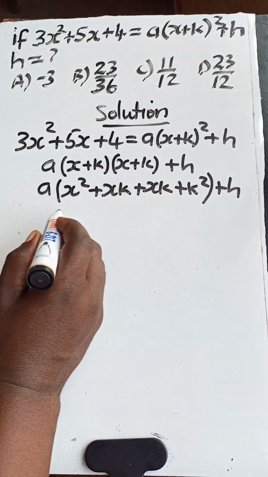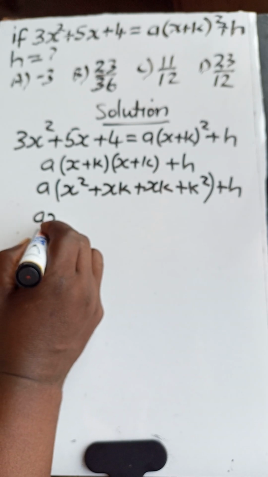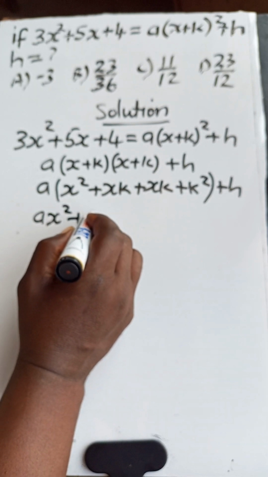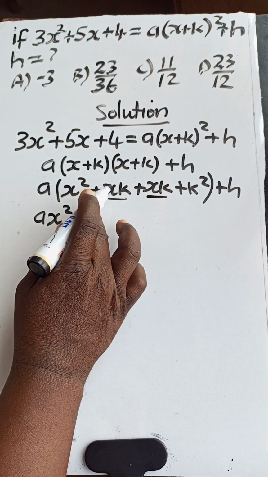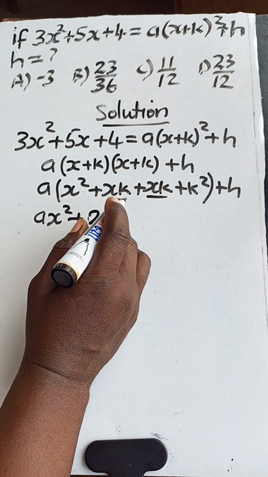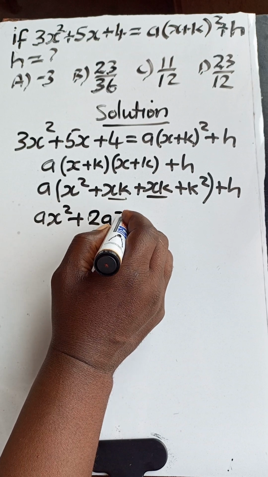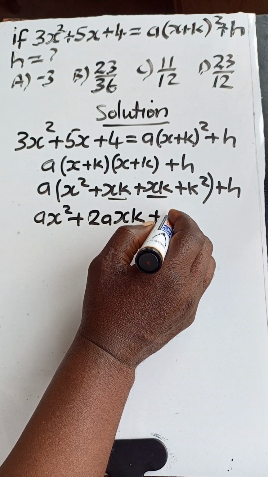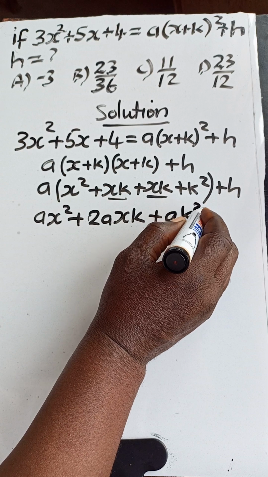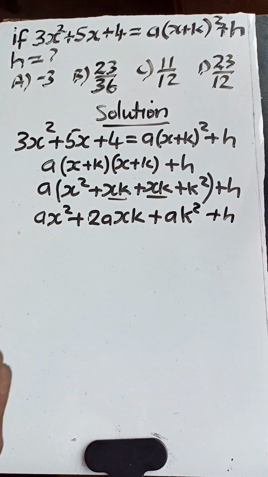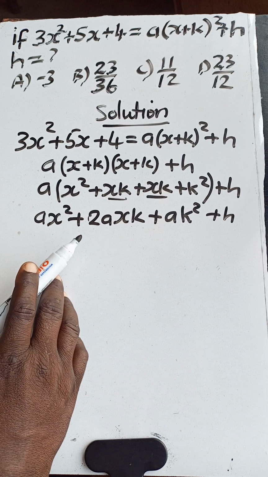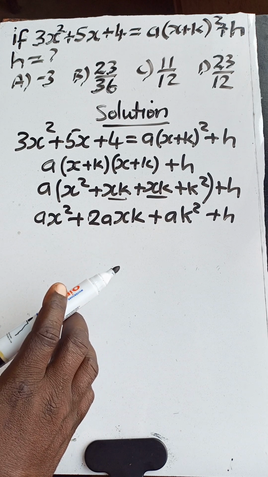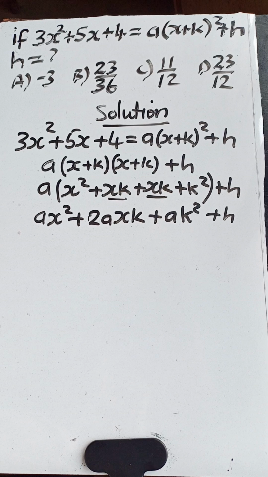So let's open the bracket now. We have a x squared plus, this is xk, so there are two of them, which gives us 2axk, then plus ak squared plus h. So let's arrange it as a quadratic in terms of x.